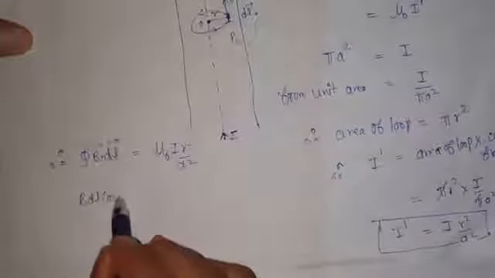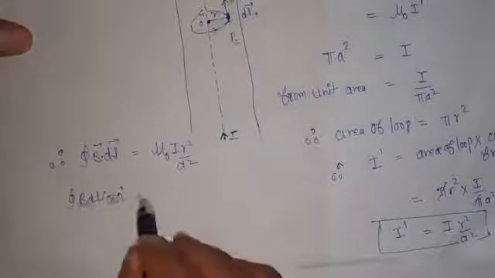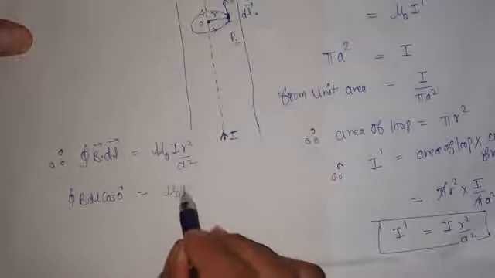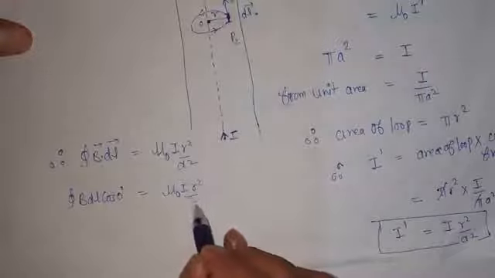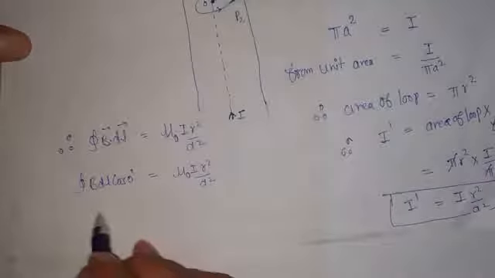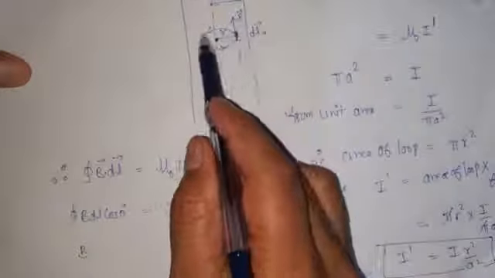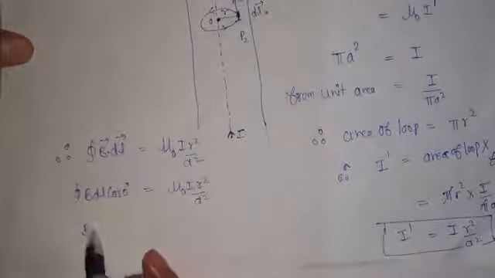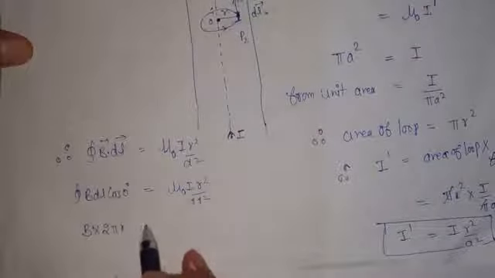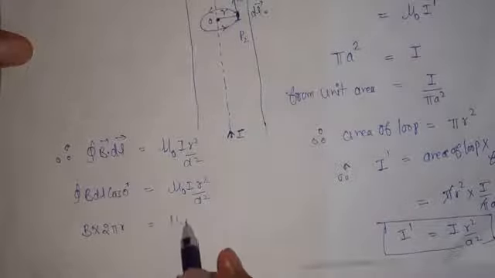What will be the angle between them? It is 0 degree, so cos 0 is equal to 1, and B is constant. How much is the total length of this circular loop? The total length will be 2 pi r, which is equal to mu naught I r square by a square.